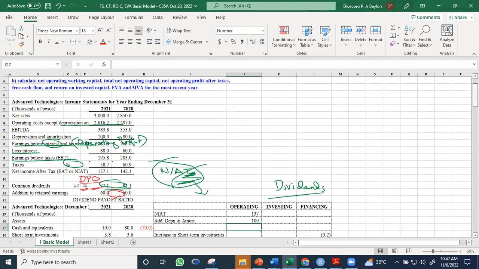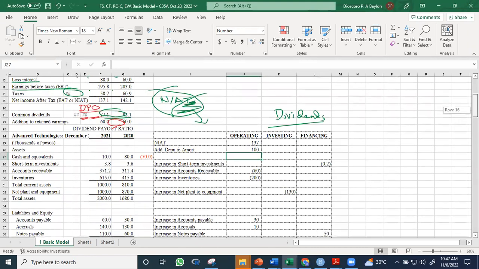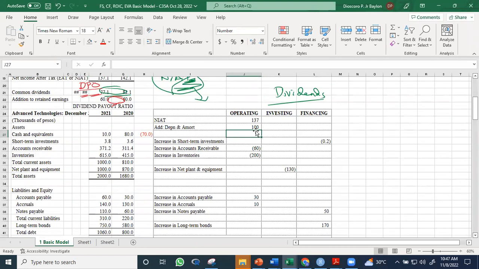Because that is not the solution, guys. Removing this is not the solution. It has to be there because net income after tax is non-cash. We have to adjust net income after tax. Otherwise, if we delete this, then this is no longer cash. So the depreciation and amortization has to stay there.